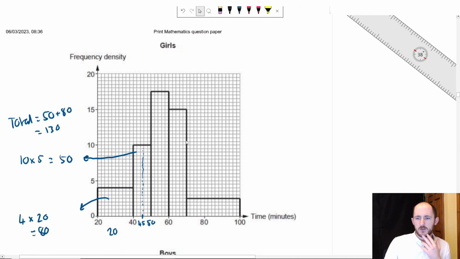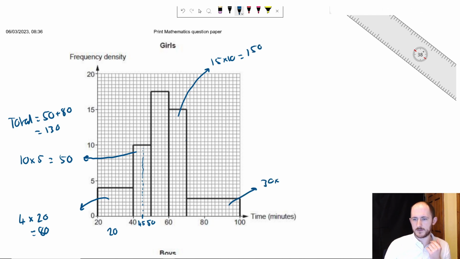Yeah, so the number of girls. Again, we're doing the same thing. We've got 15 times 10, 150. And then we've got 30 times, so that would be 1 to 2.5. Okay, that's interesting. 60 and then 75?